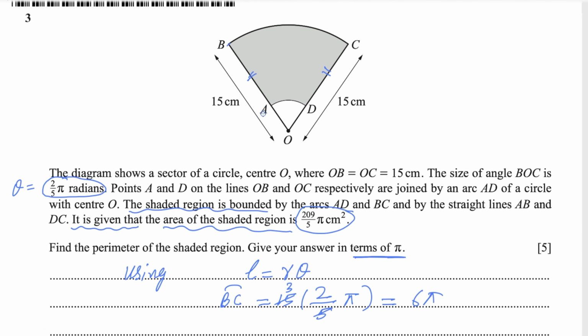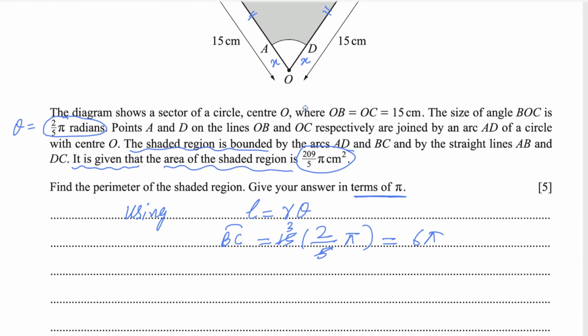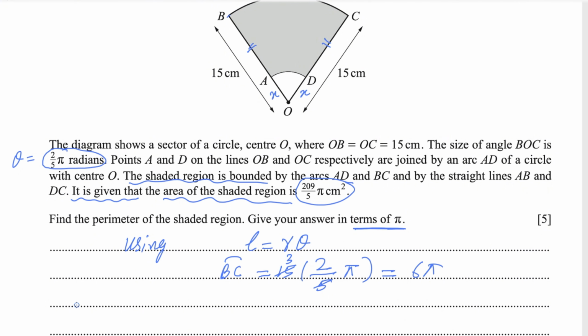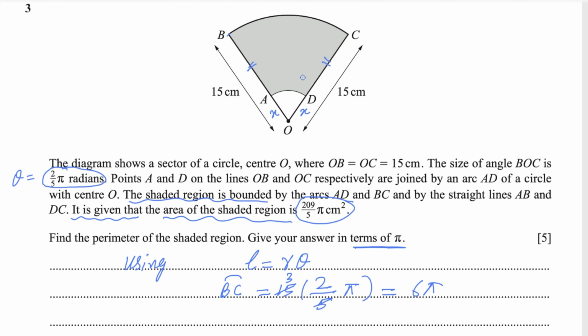To find the arc length of AD, you should know the radius of this small sector. Let us assume that the radius of the small sector is x. If you want to find the area of sector AOD, you need to subtract the shaded area from the area of the big sector.